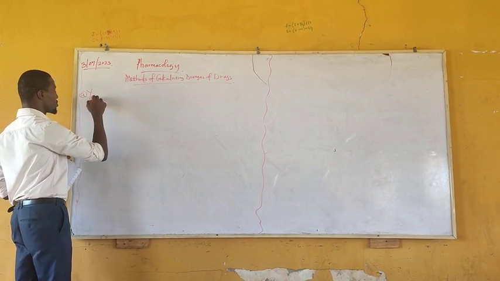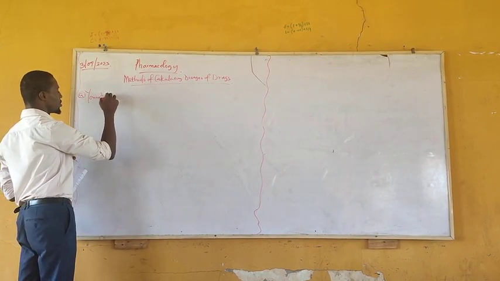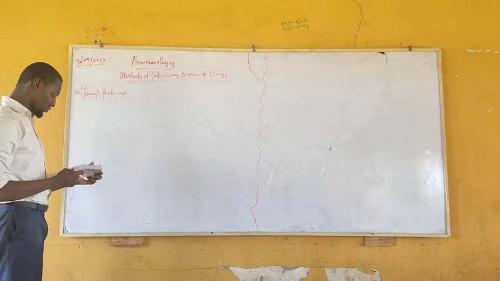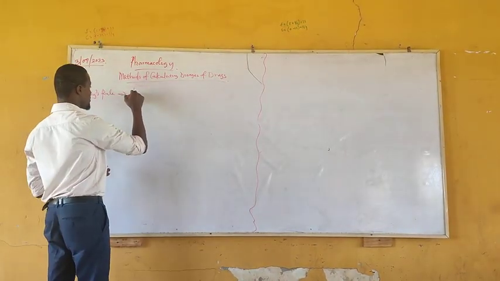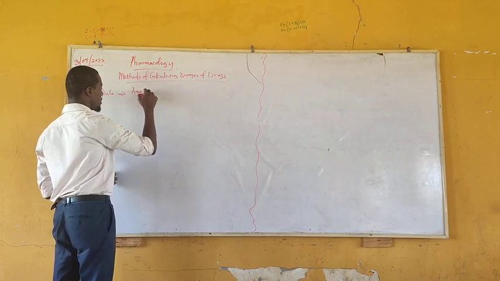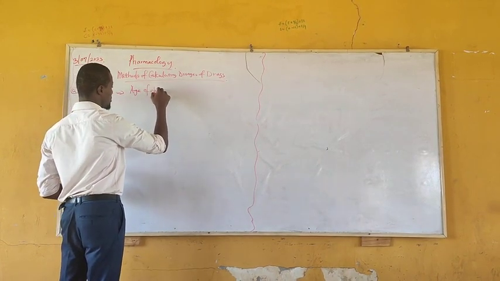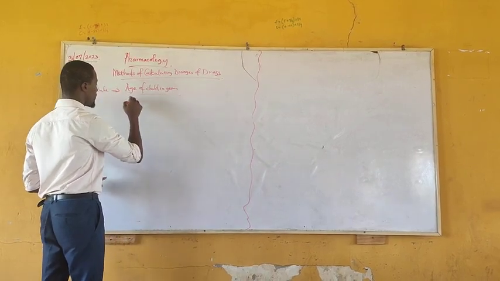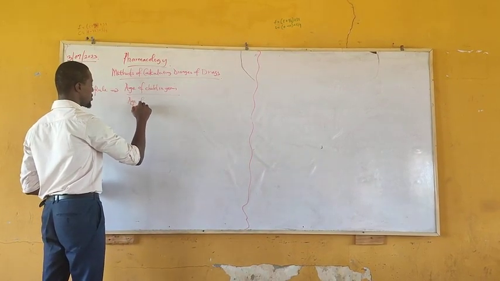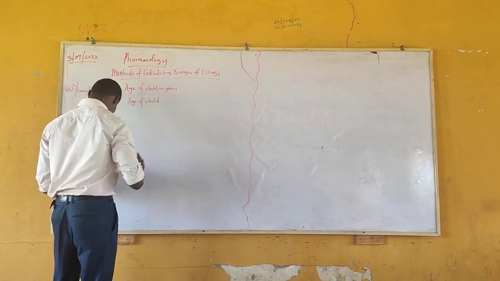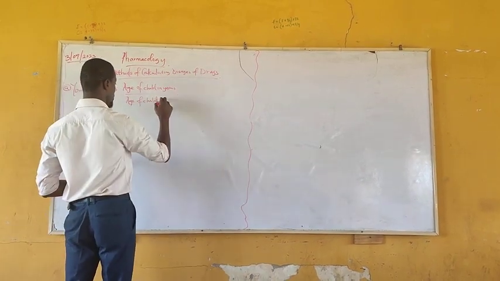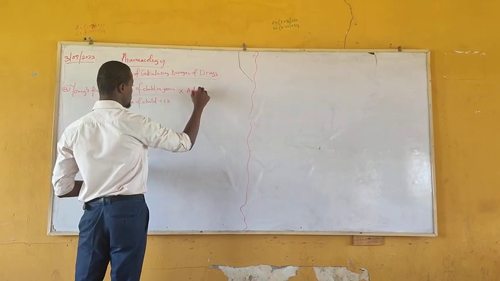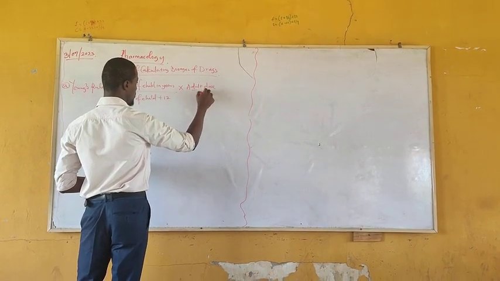We have Young's rule. What does it say? We have the age of the child in years over the age of the child plus 12, times the adult dose over 1.